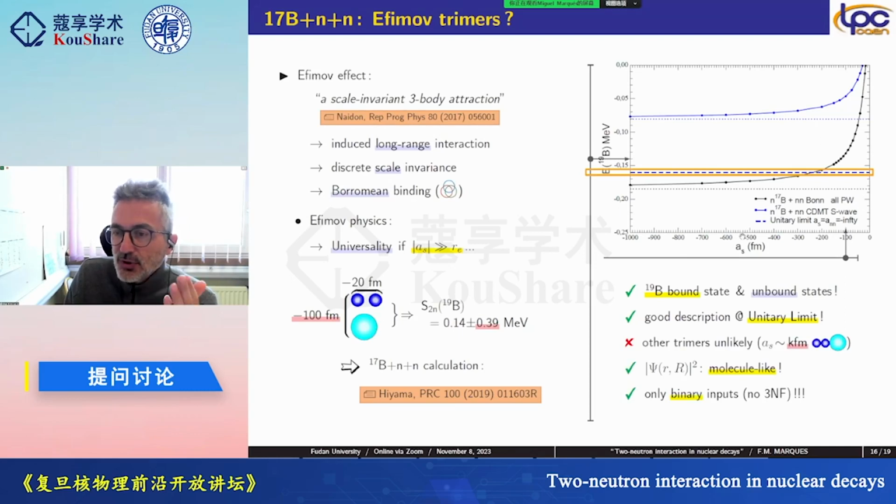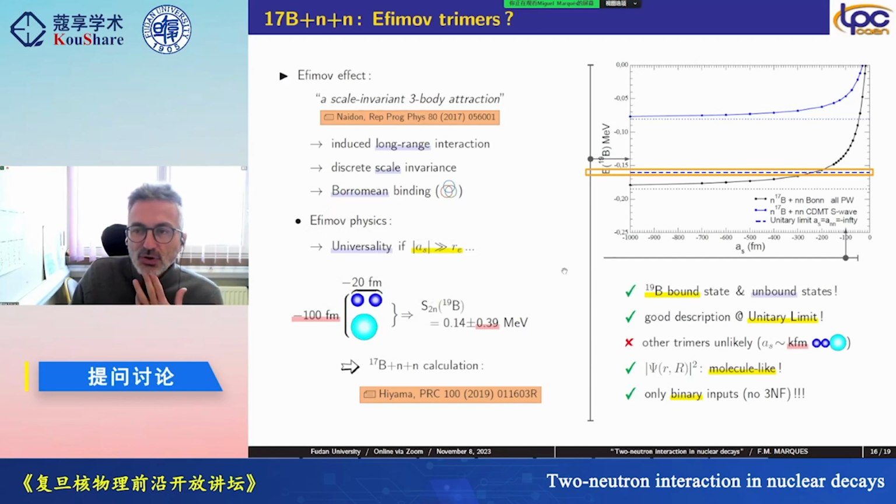So we hope that we will be able to give a value for the scattering length. And I think at that point, maybe Hiyama-san will retake her three-body model and try to see if these unbound states predicted by the model have this Efimov character or not. But for that, she is waiting for us.